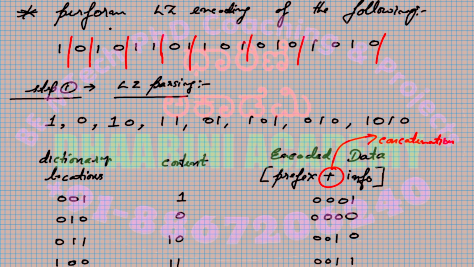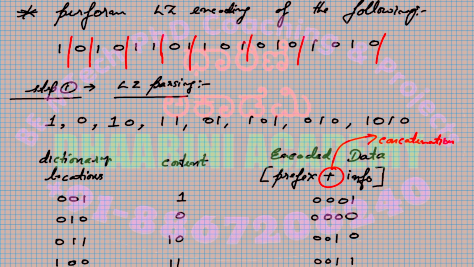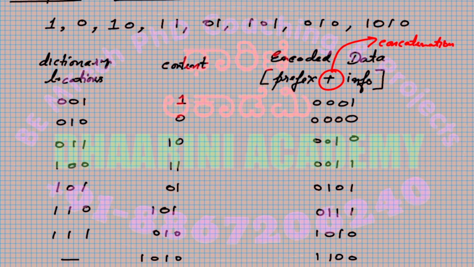How many bits do you have? Yeah. So how much total? 18. 18 bits.